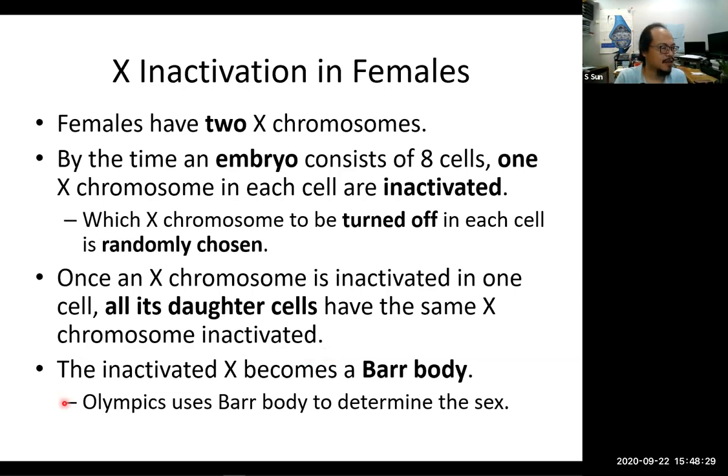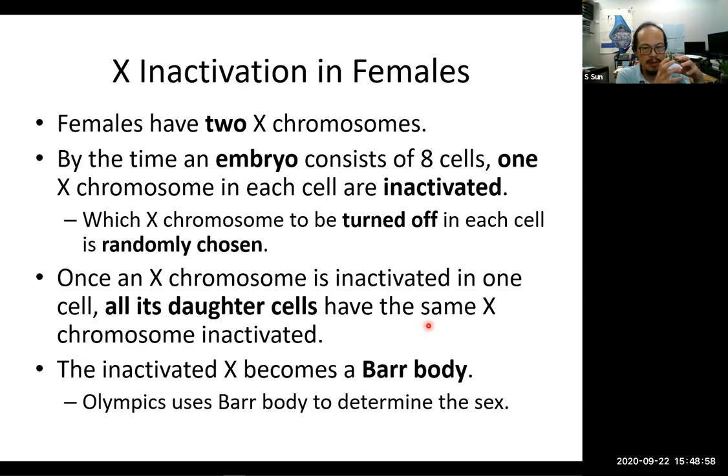Okay, all right. Once the X got inactivated, after division, the same pattern will be passed on. Those inactive ones will remain inactive, right? This inactive X will become a very unique structure. It's called a Barr body.